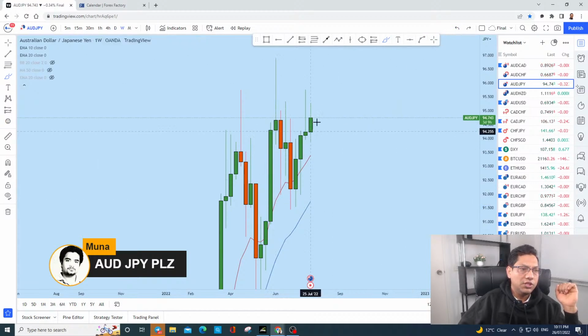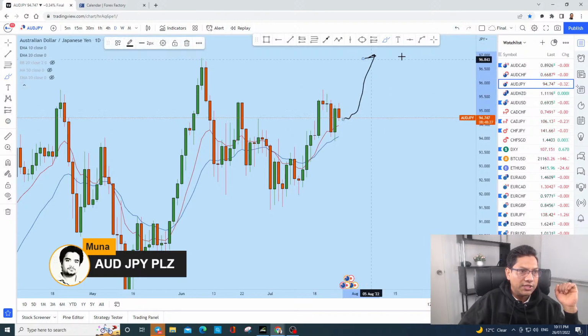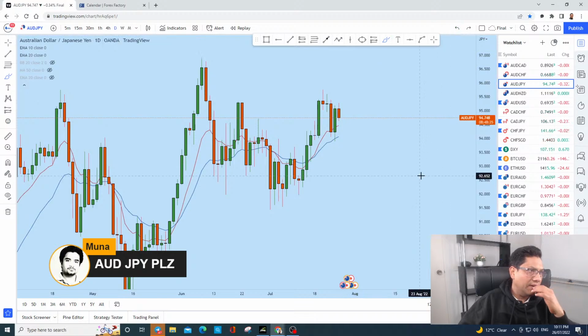I think Aussie Yen might finally make its move to the upside. Going to the daily, there is a movement followed by a retracement. In this retracement, the price tested the daily 20 period moving average and then created this move to the upside. From here, we can expect Aussie Yen to go to the upside.